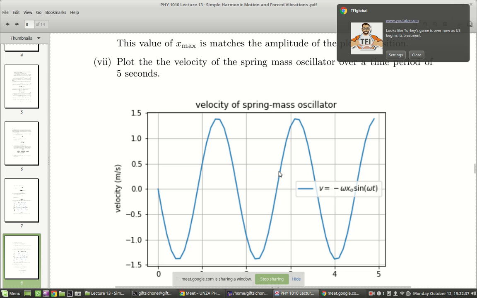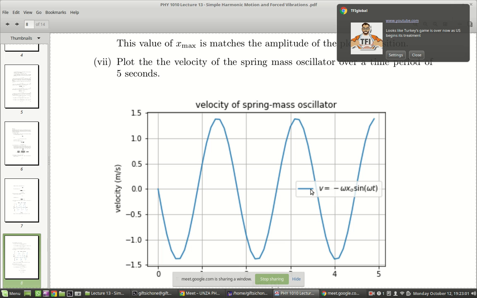When it passes through the equilibrium position, the velocity of the mass becomes maximum. It goes to the other side, the mass starts squeezing the spring, the spring becomes unhappy, the spring starts pushing against the mass. When the spring is pushing against the mass, the velocity of the mass reduces until it becomes 0, like that. So basically this is what happens, and this is how the velocity of your mass changes.